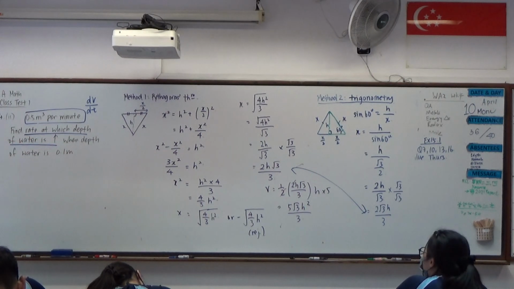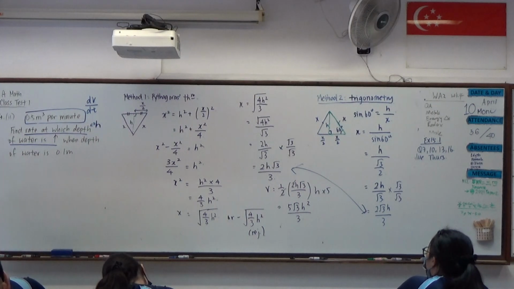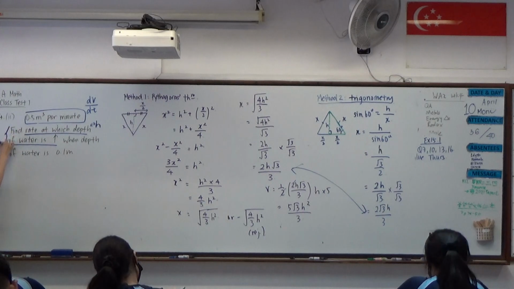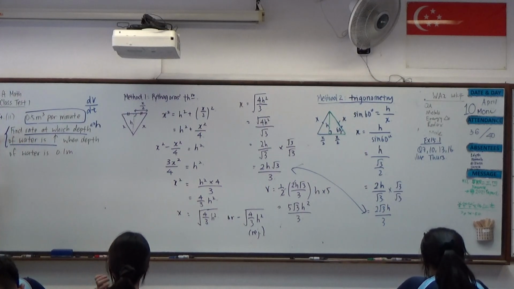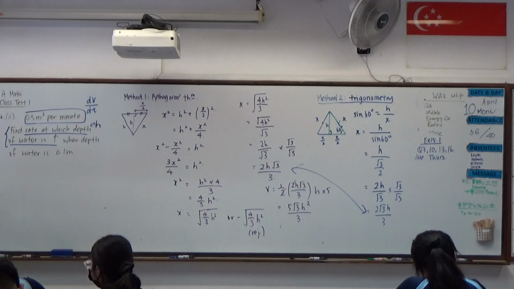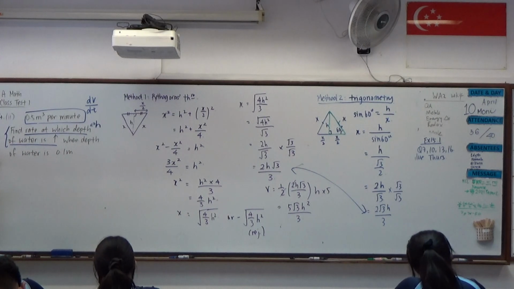The depth of the water refers to H, that's given in the diagram itself. So we want to find the rate itself, that means I want to find dH over dt. Okay. Then given dV over dt, and we want to find dH over dt.